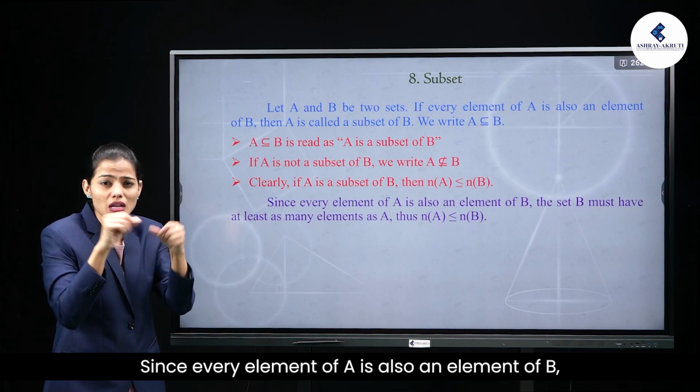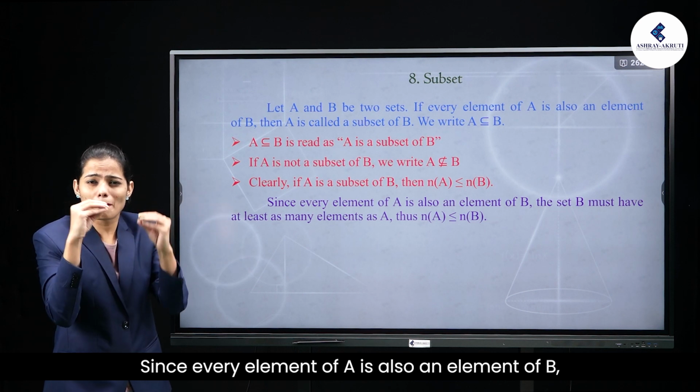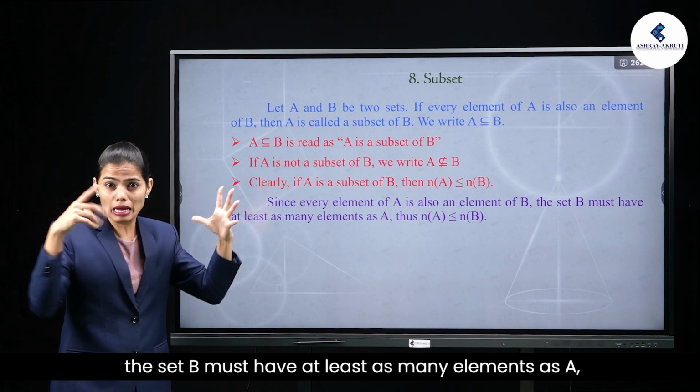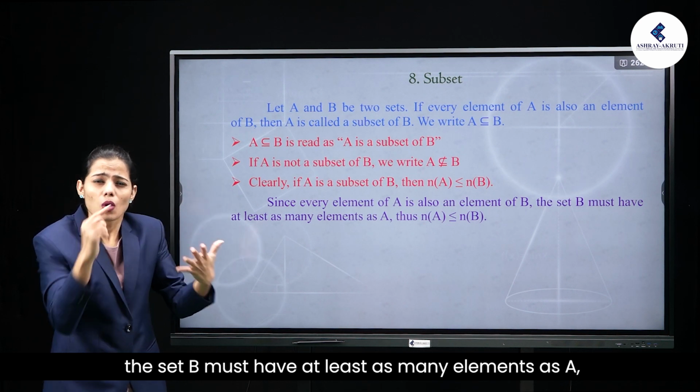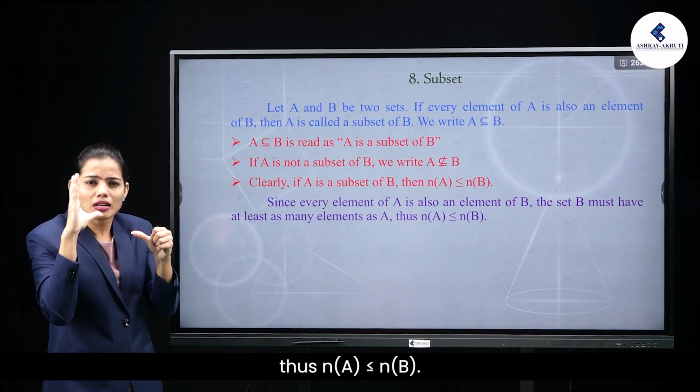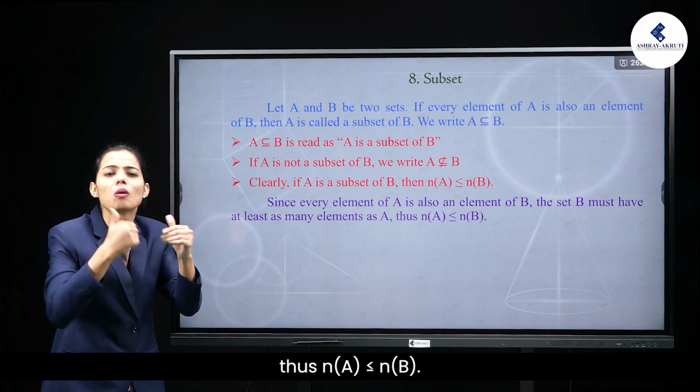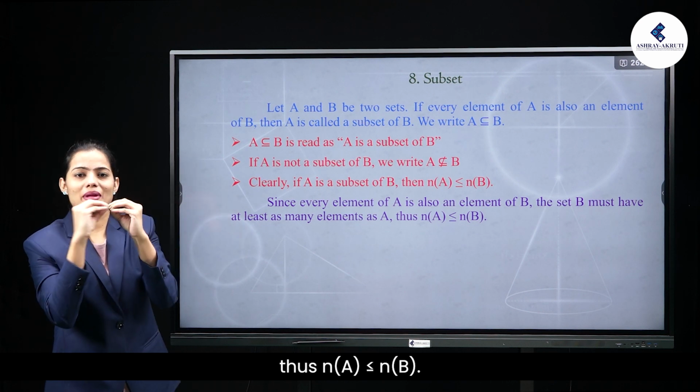Since every element of A is also an element of B, the set B must have at least as many elements as A. Thus, n(A) ≤ n(B).